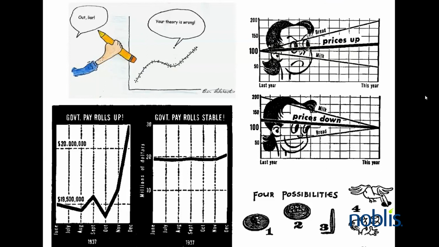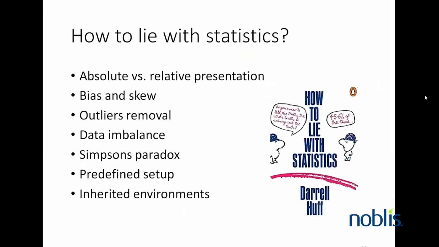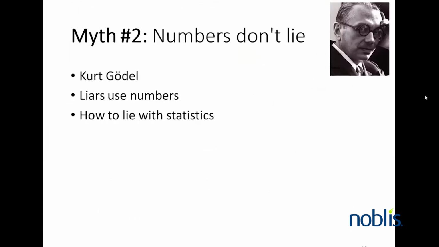So you can do it either way, depending on your agenda or depending on other aspects, right? And so, there are many examples in this book, and it really goes through the details of how statistics can be so deceiving in so many ways. And so, be careful when you read a number, when you read a graph, and look at it, that in some cases, numbers are presented in a way that are inaccurate.